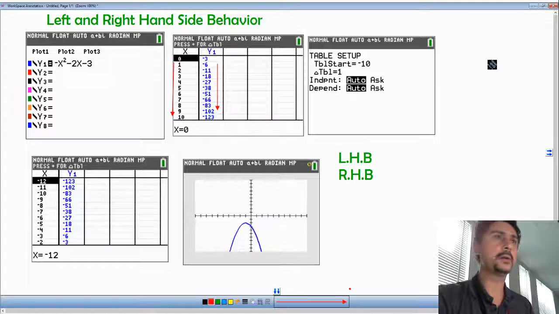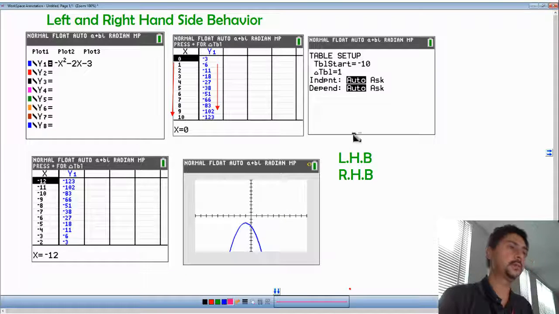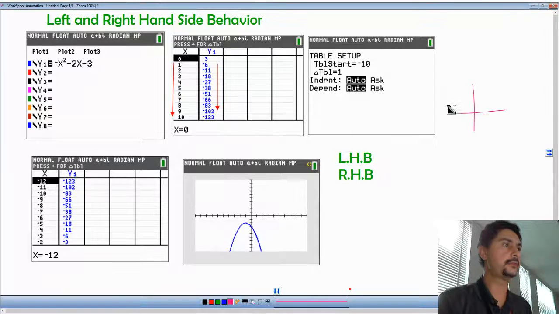And if you remember correctly on a graph, that means that as the x's are going to the right, as we're going in this direction, the y values are getting less and less. That means we're going down. So we're having some kind of effect like this.